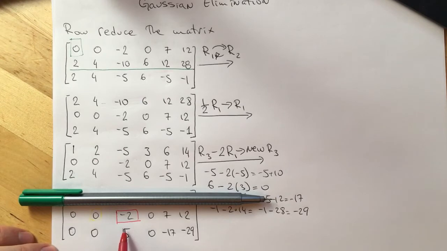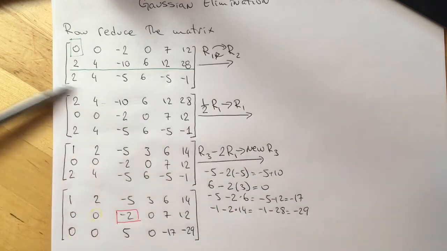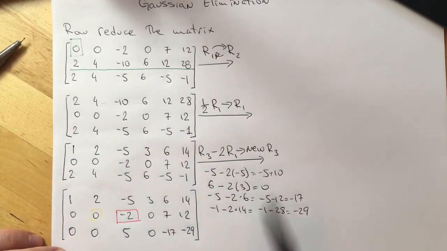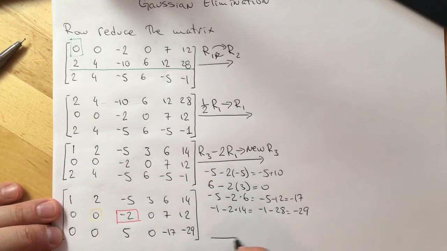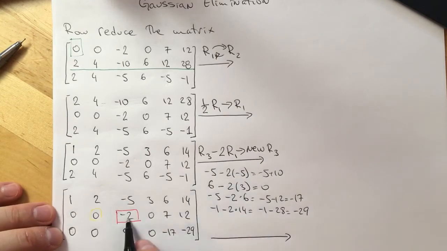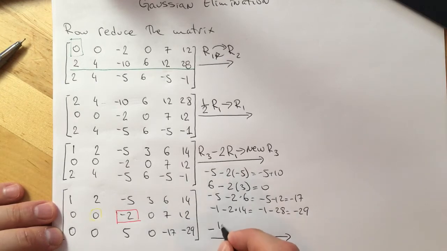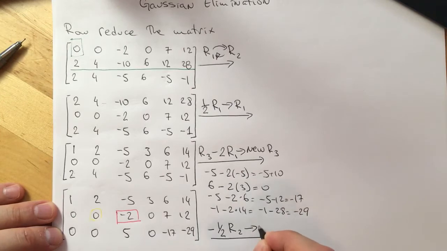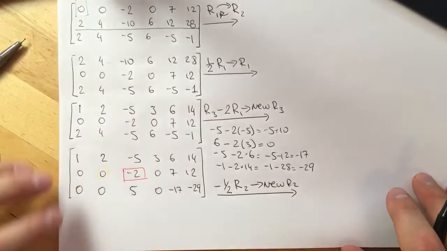So the question is, what am I going to do with this one in order to make it 1? Well, that's very simple. I will just divide the whole row by negative 2, which means I will multiply it by negative 1/2. Row 2 becomes new row 2. Okay?